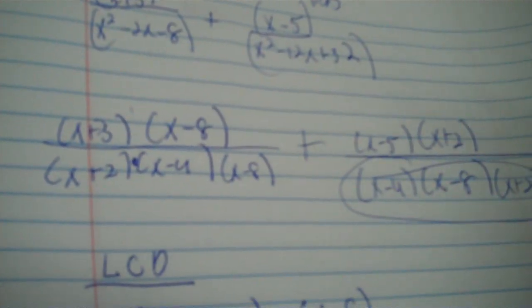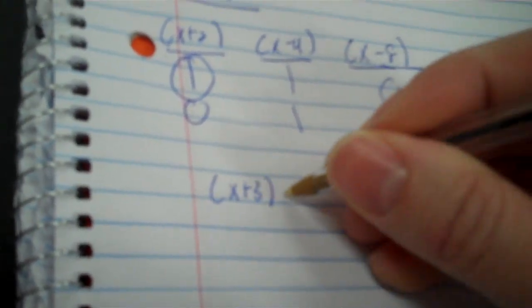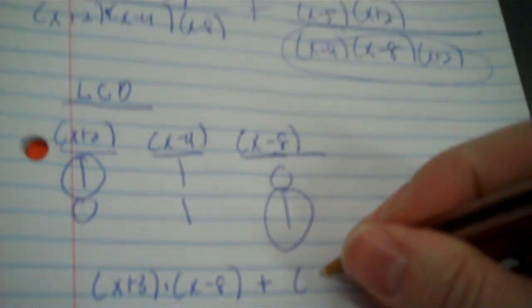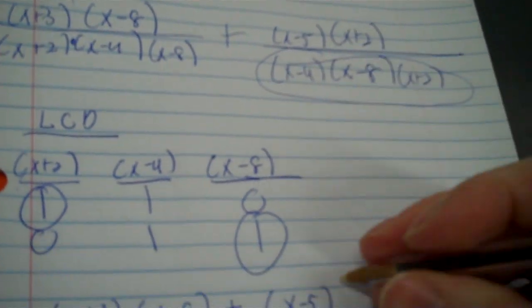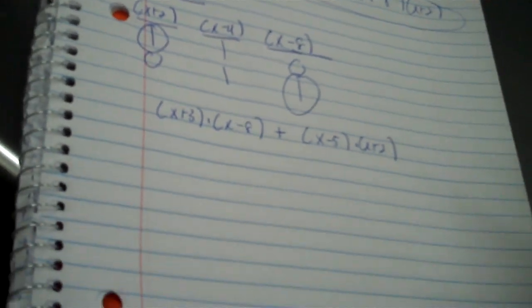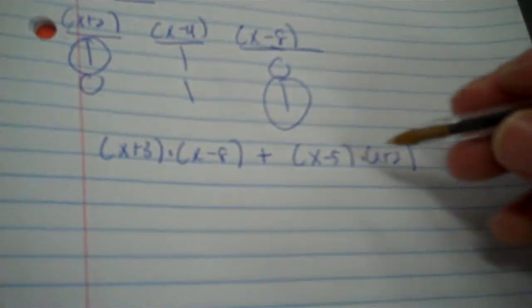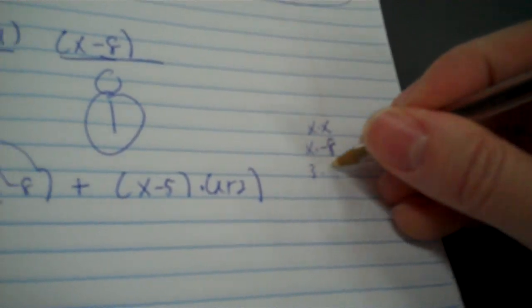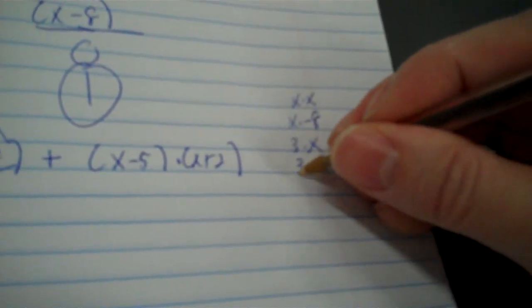Alright, now simplifying on top, we've got x plus 3 times x minus 8 plus x minus 5 times x plus 2. We have to apply the FOIL method here a couple different times. So first we go x times x, x times negative 8, 3 times x, 3 times negative 8.